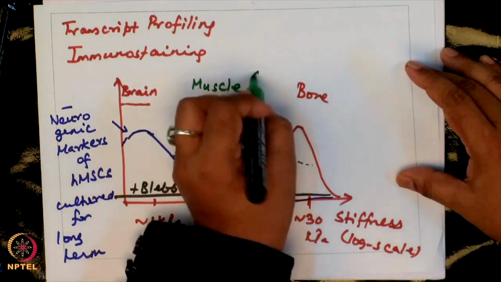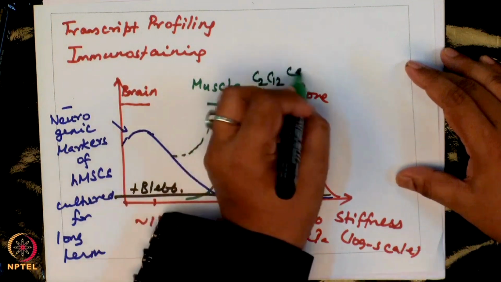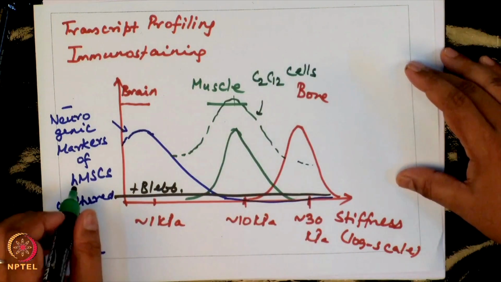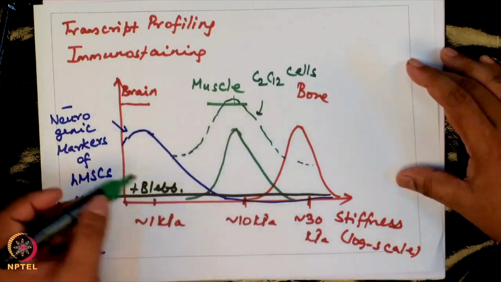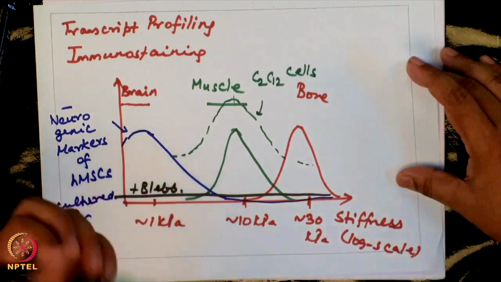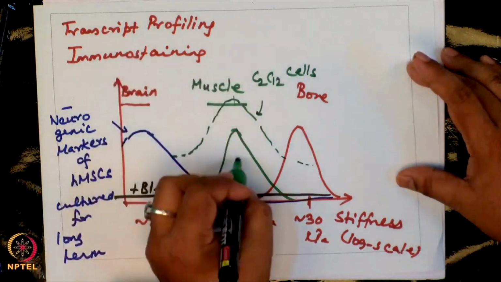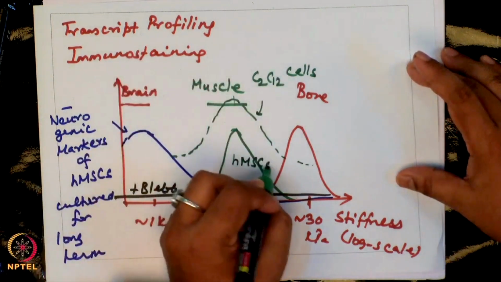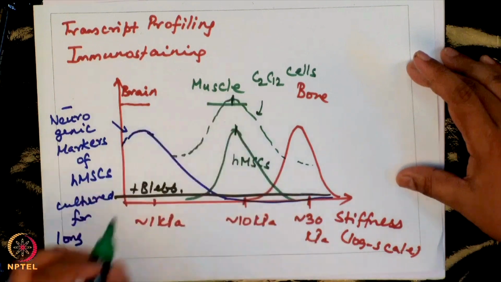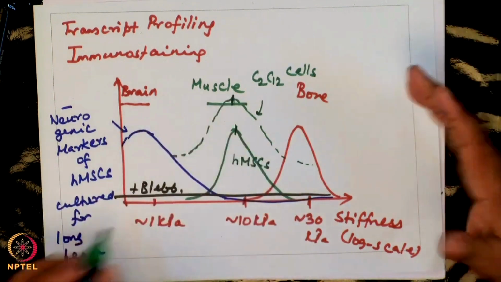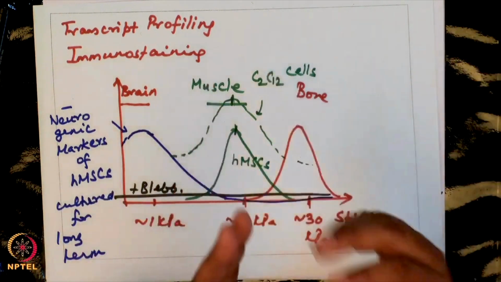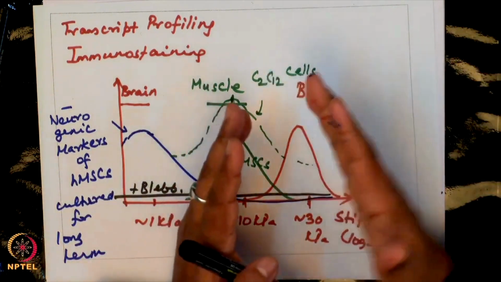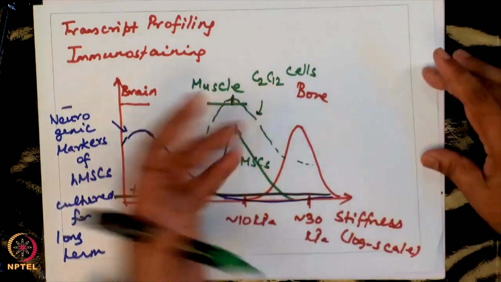So, this is of C2C12 cells, which are skeletal muscle cells. Okay. The average expression of C2C12 cells is higher than HMSCs, but both C2C12 cells and HMSCs exhibit the peak at the same point, okay, which is 10 kPa. So, on muscle elasticity, HMSCs overexpress muscle like, exhibit a muscle like phenotype, but they are not yet functional muscle.